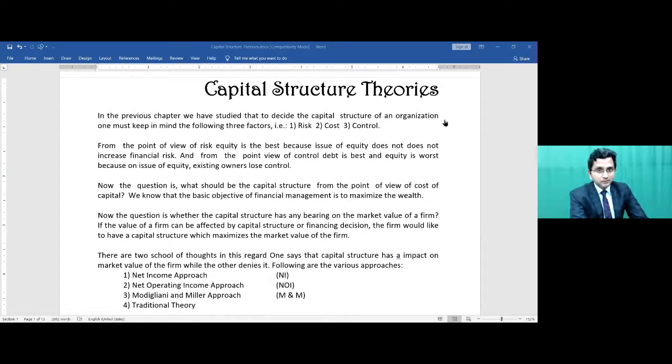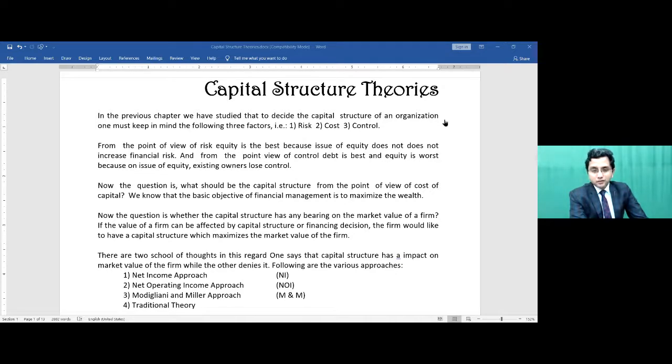I usually don't prefer a single source. Rather, I make a mixture of various sources of finance, and that mix is named capital structure.